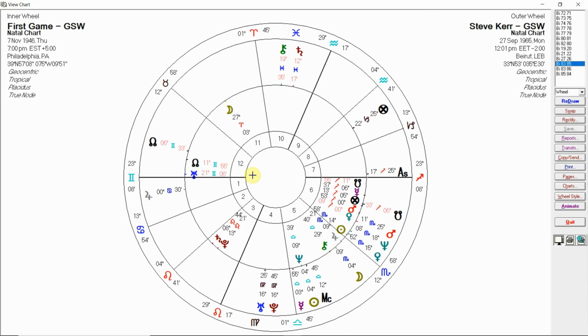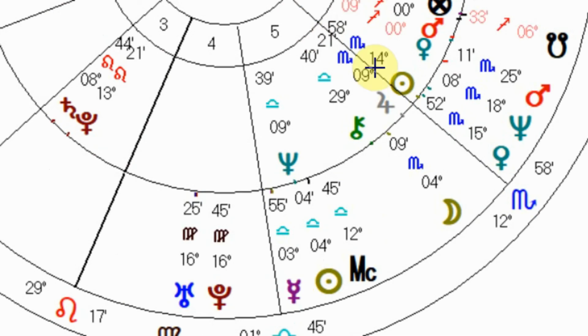Looking at NBA now. So the Golden State Warriors have just won the final series, 4-2. So let's have a look. On the inner ring here, we've got the first game for Golden State and the outer ring, head coach Steve Kerr. So the strongest combination here is the Sun for the first game conjunct Venus of Steve Kerr, and Venus rules his Libran Sun.